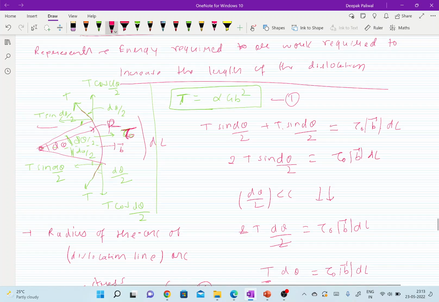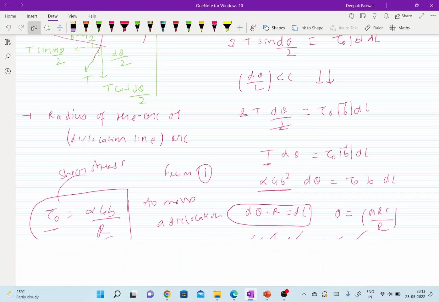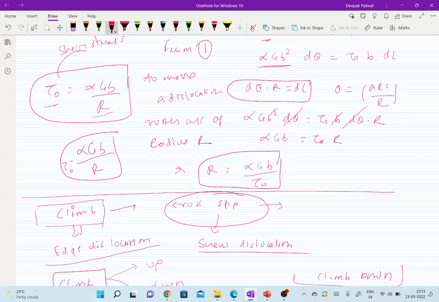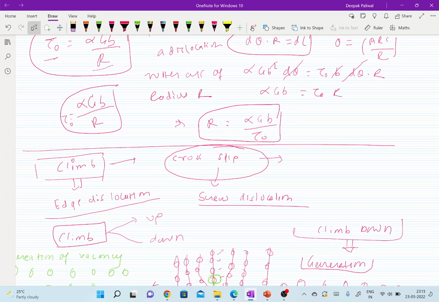Your line tension is representing the energy or the force per unit length, so this can also be written as alpha G b squared, and from that relation we have calculated tau naught is equal to alpha G b over r, or the arc length if we want to calculate alpha G b by tau naught. So this is the arc radius of a dislocation.